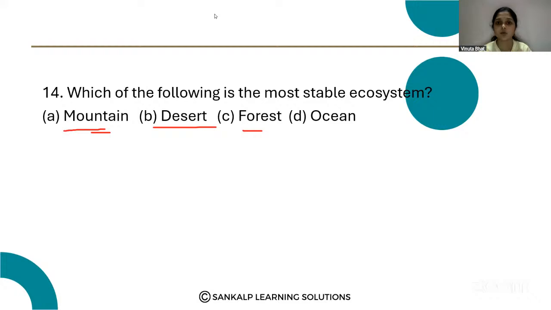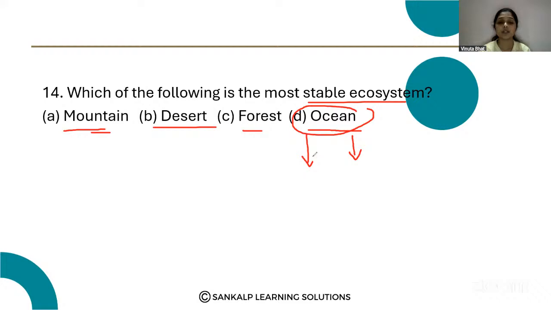Ocean is the largest ecosystem, and if there is a minor change, it won't affect the total ecosystem. The ocean ecosystem is the larger one which covers most of the areas of the biosphere. Because it covers a large area, if there is a small change, it won't affect the ocean ecosystem.